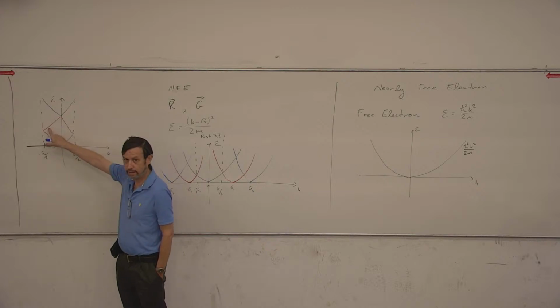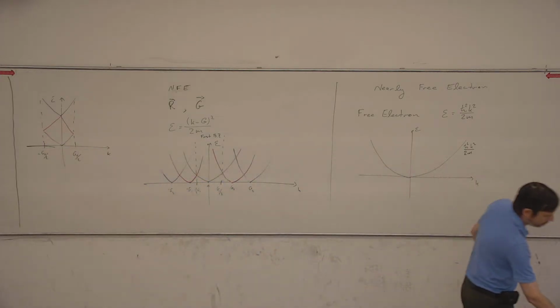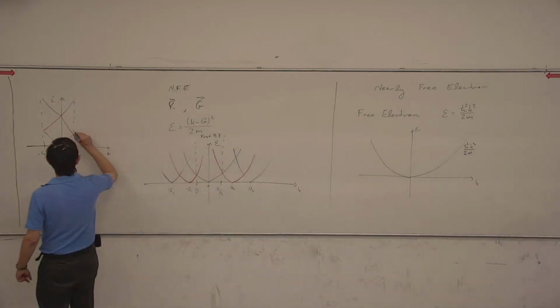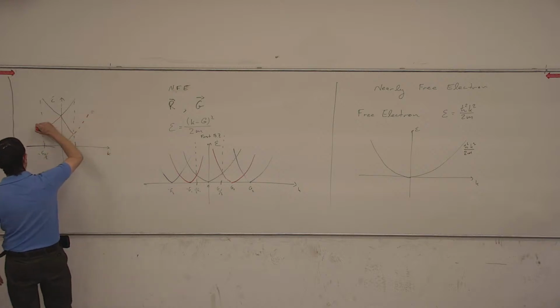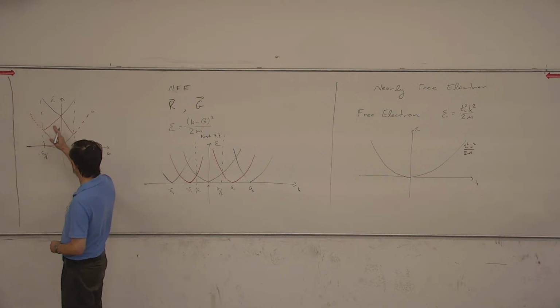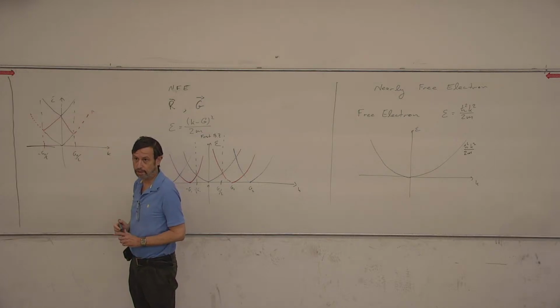So I can take this guy and move it by G1. And what will I get? Because moving this guy to here, G1, and moving this guy to here by G1 gives me this.